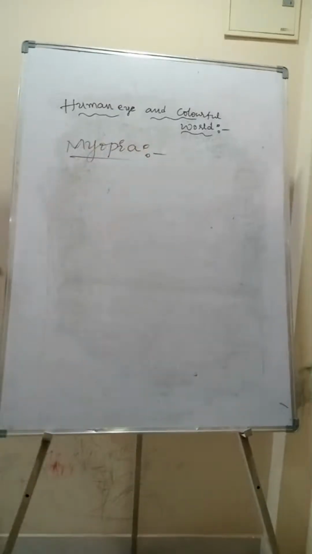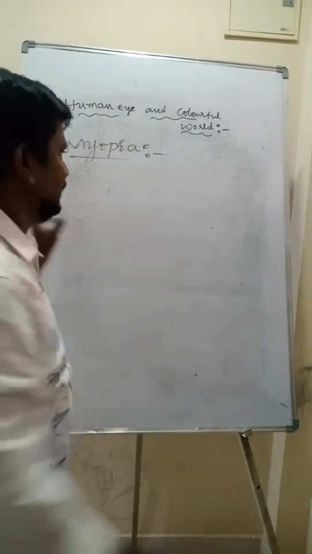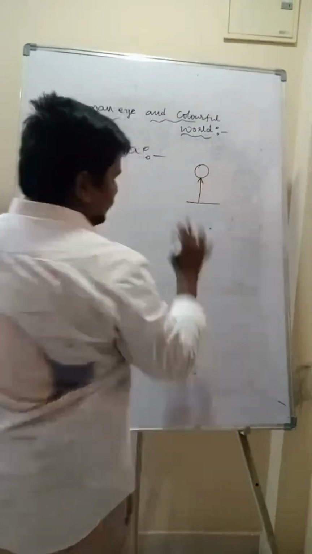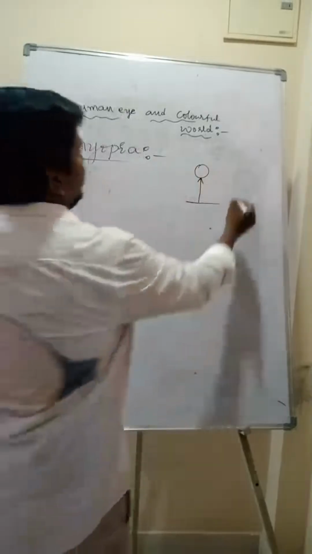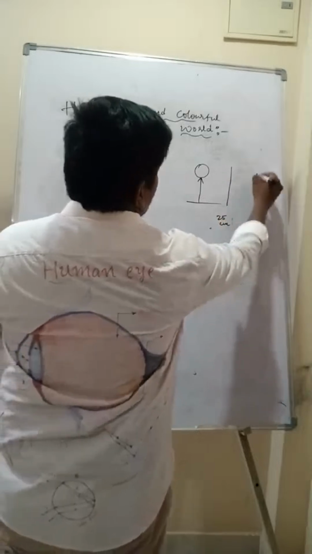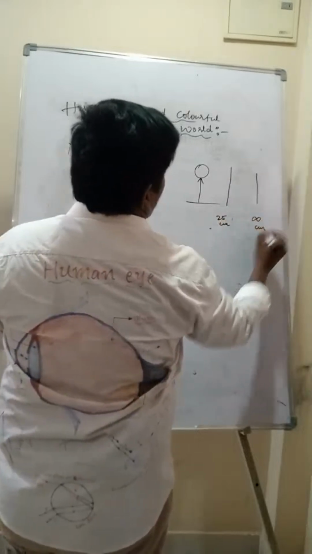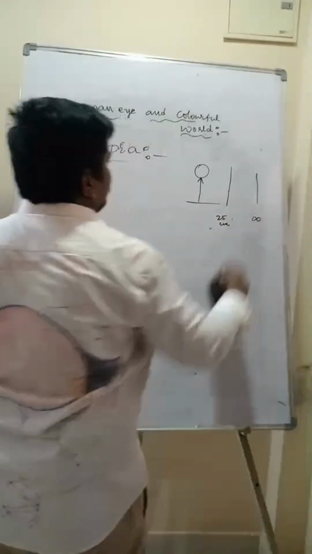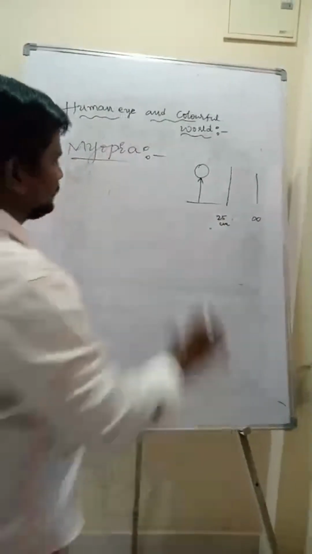Here you can see, I'm taking one case. This is the near point, I'm taking 25 centimeters, and this is infinity, you can consider. So this is a person.